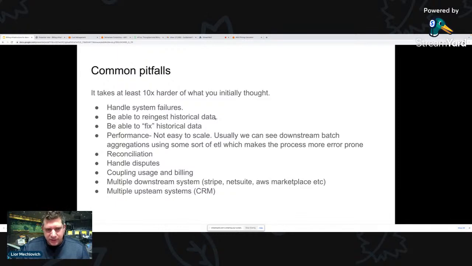So we ingest historical data, fix historical data, and it is not easy to scale. The performance to show accurately and fast what the right usage is over time matters, because people are going to use this on, let me see, the last 6 months of data, right? When you're going into a contract negotiation, let me see the last 6 months of usage, right?